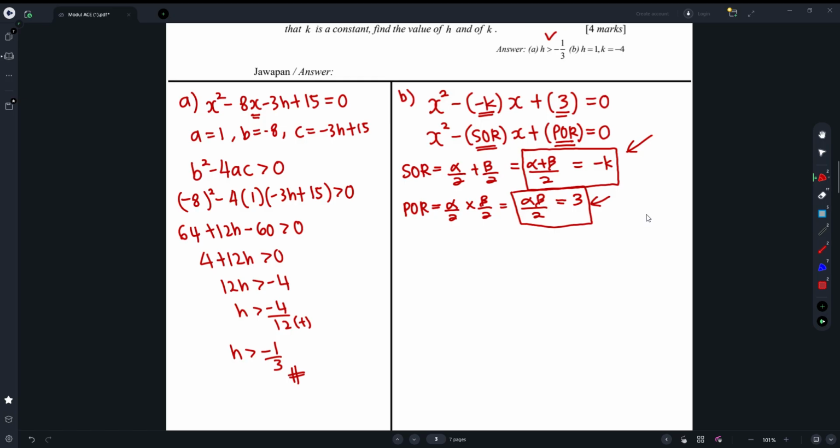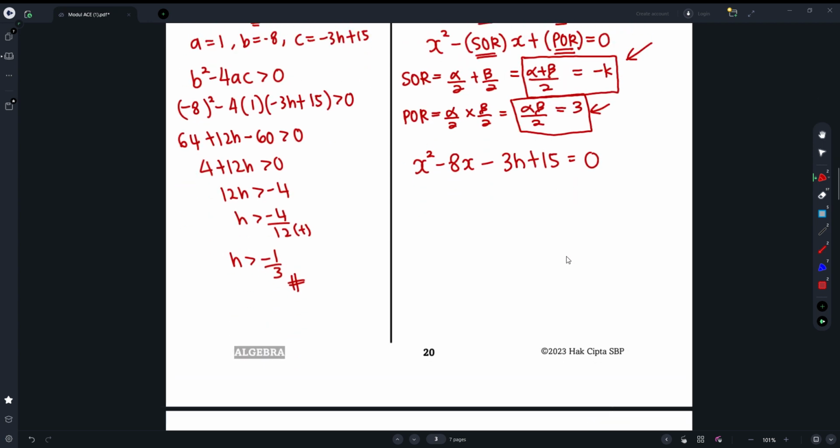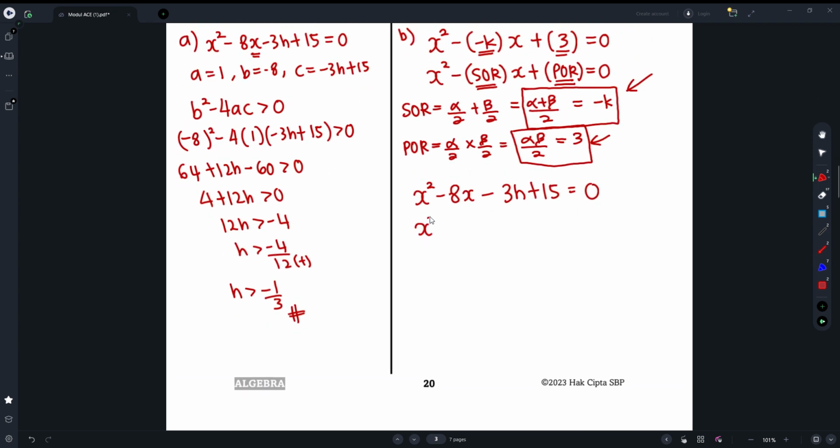So now we go back to our part A equation, which is x square minus 8x minus 3h plus 15 equivalent to 0. So this is our part A equation, in which when I compare with x square minus sum of root x plus product of root, I will end up getting the fact that here the sum of roots are alpha plus beta, because for this particular equation, the roots are alpha and beta, not alpha over 2, beta over 2.